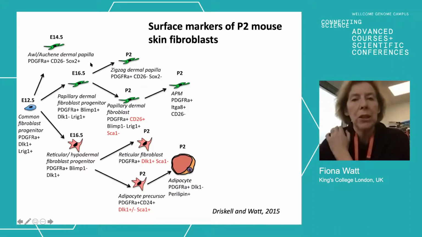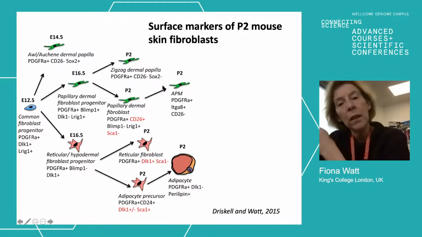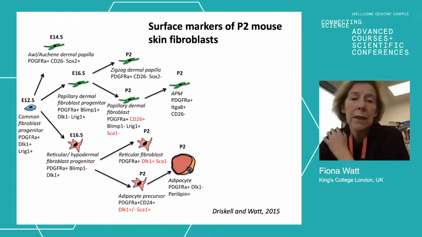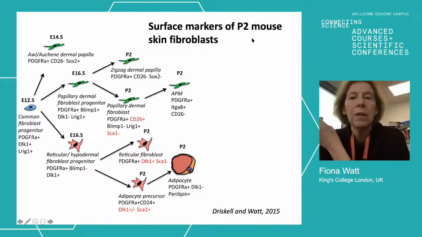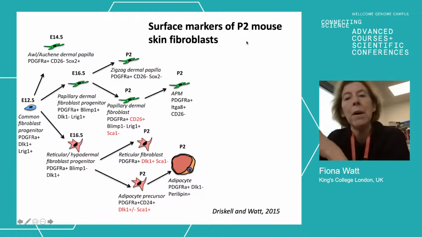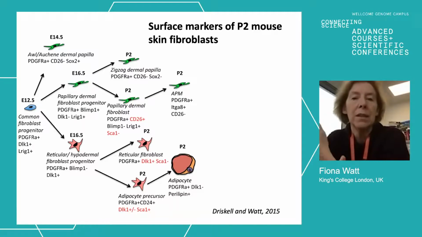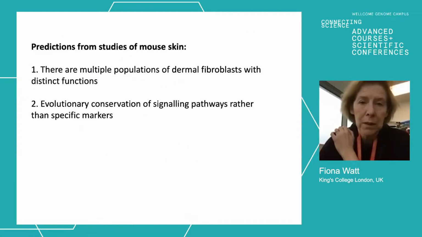different subpopulations of fibroblasts exist in human as well? Are they functionally distinct? And can we use the markers that work in neonatal mouse backskin as a guide to studying human fibroblasts?